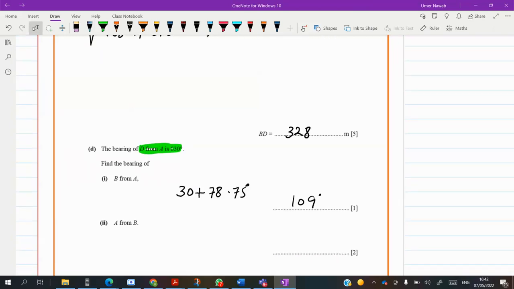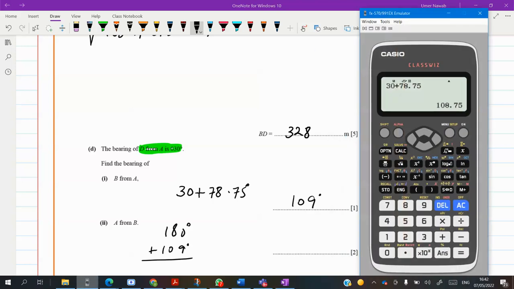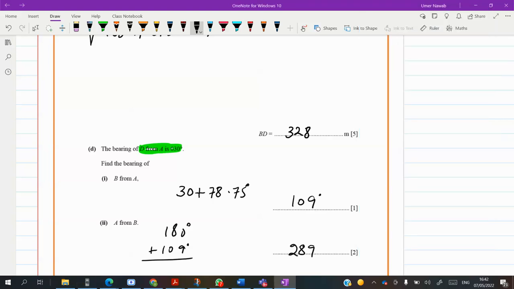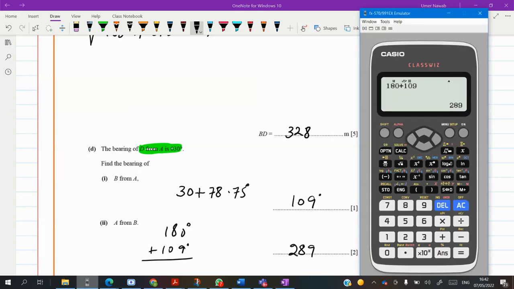Now, A from B. So 180 plus 109, 289. Since the angle which I wrote was not to one decimal place, let me check. 30 plus 78.75 was 108.8.